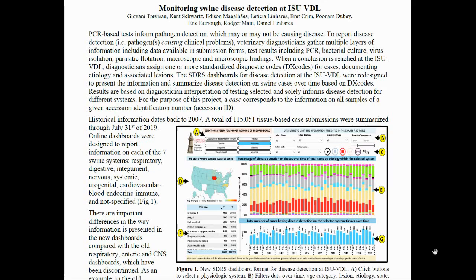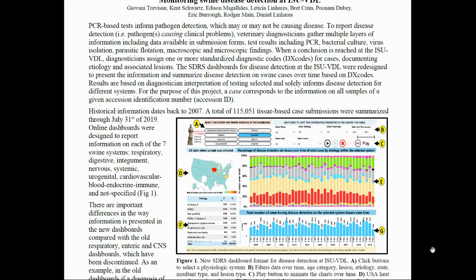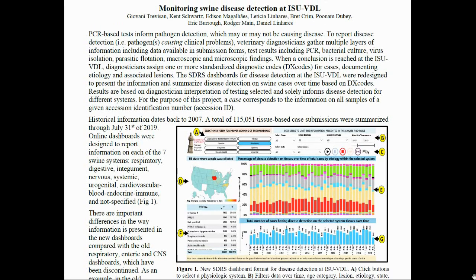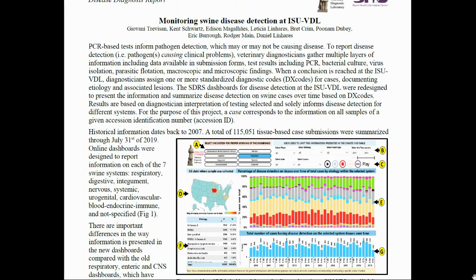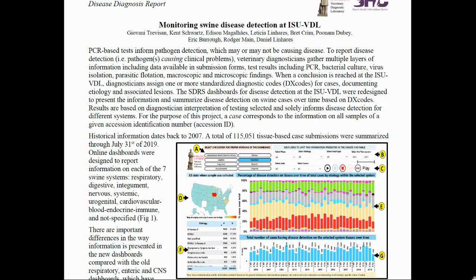They are based on the physiologic system, and this idea has been developed since last year with a major contribution from Dr. Ken Schwartz and Eric Burrough from Ohio State, who have seen a lot of value in organizing these diagnostic codes in a standardized format that allows us to capture historic information.